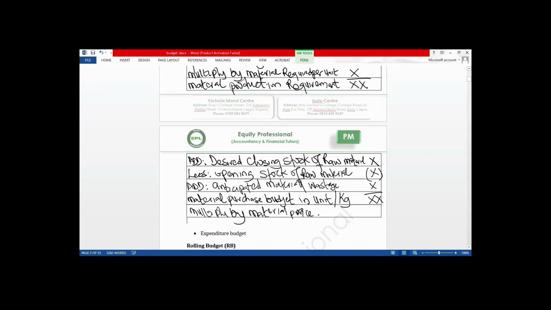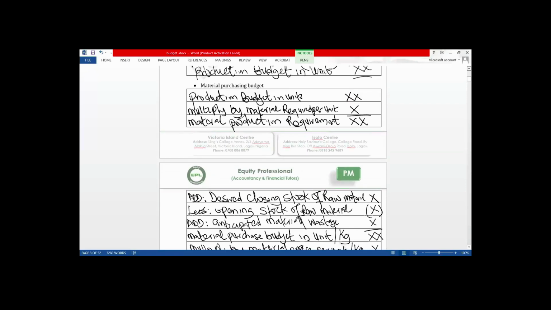Material price per unit or per kg multiply. That will now give you material purchase budget in Naira value. This is the sample or specimen of material purchase budget. So please, you are going to try to master this sample or this specimen.